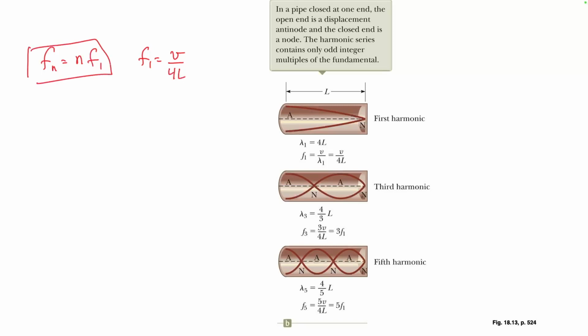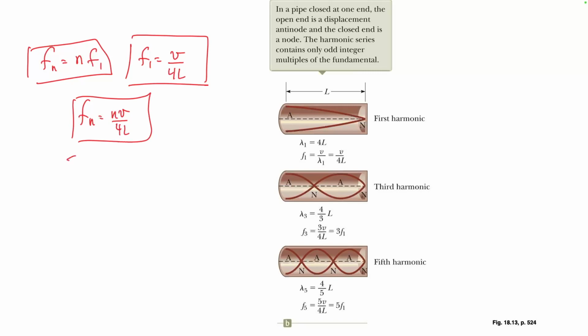So we still have this relationship. The third harmonic still has an n of 3. It's 3 times the fundamental, whatever, okay? Our fundamental is a little bit different. If we put those two equations together in its more compact form, we've got that, okay? Our lambda, our wavelengths are 4L over n.